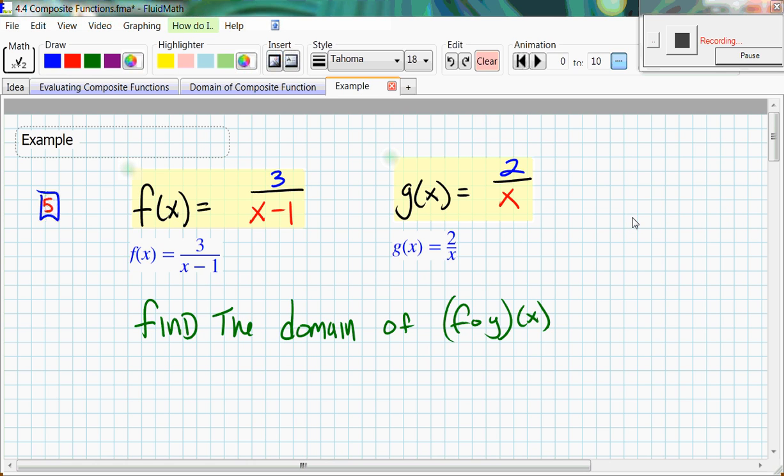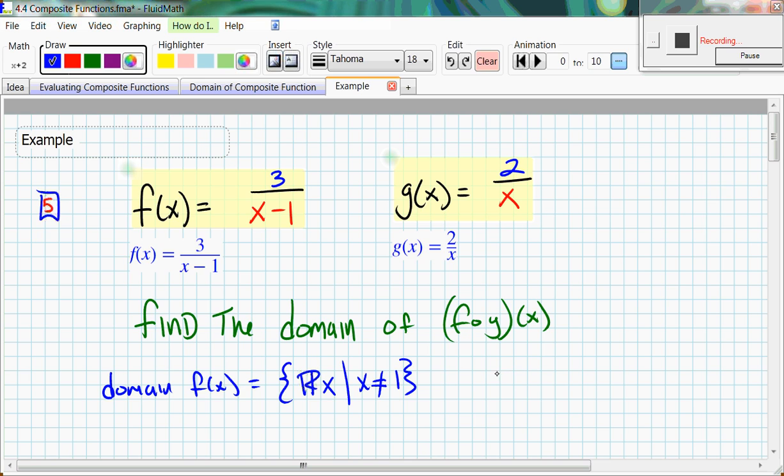So here we go. We've got f of x equals 3 over x minus 1. g of x is 2 over x. So let's see here. The domain for f of x is going to be all real numbers x such that x is not equal to 1. And then the domain for g of x is going to be all real numbers x such that x is not equal to 0, because you can't divide by 0 over there.